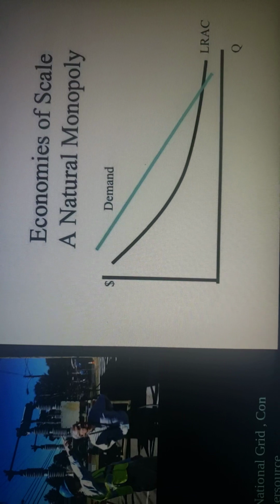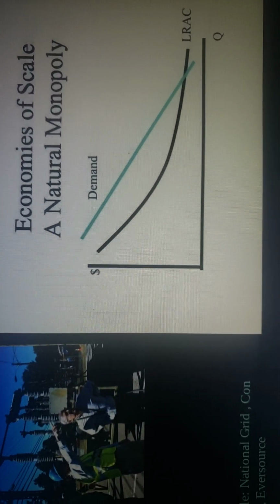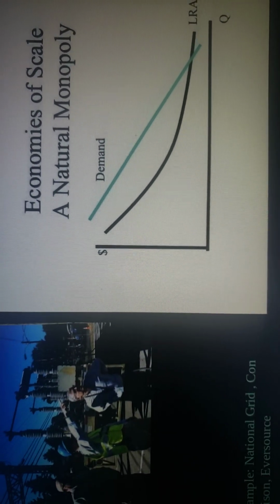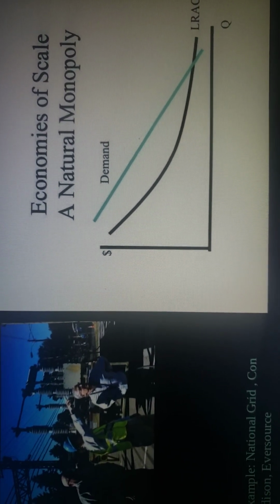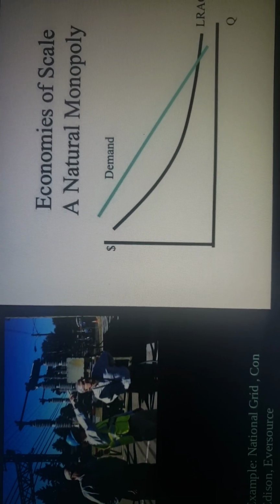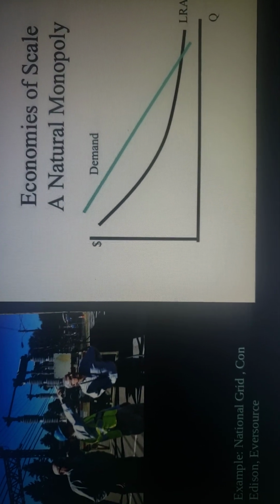Okay, so in certain industries, natural monopolies exist where the long-run average cost continues to decline in the relevant region of demand. Consequently, one firm is able to produce enough for the market at a lower per unit cost than would be the case if two firms shared the market.